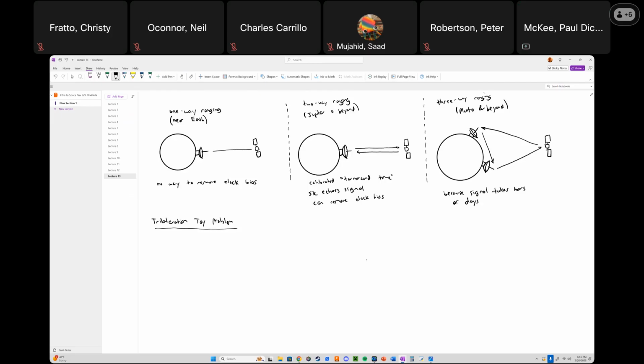Imagine you've got some spacecraft at some position R, and you've got some ground station, let's say a beacon, at some position P. We'll call it the ith beacon, and you're measuring range.